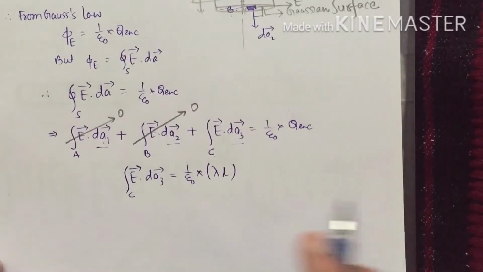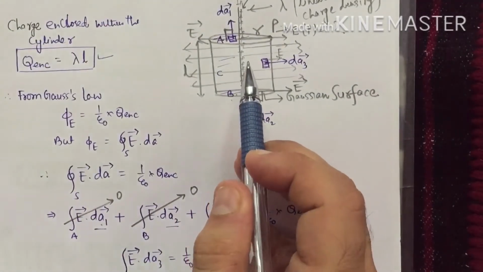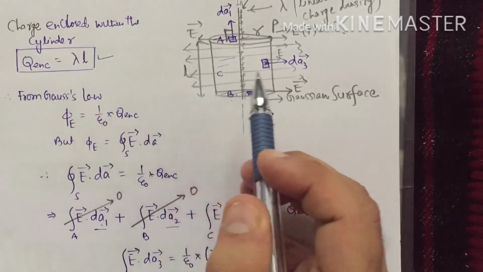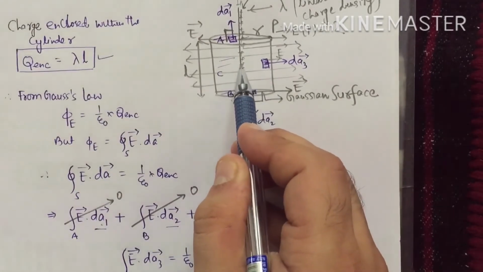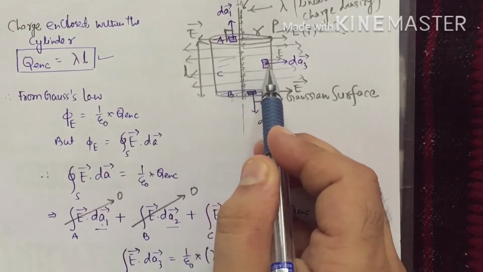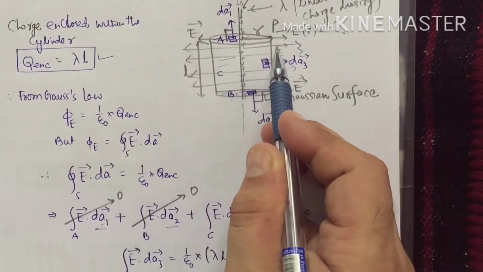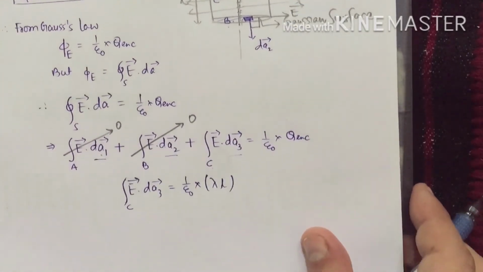Now when you move on this curved surface, every time you are at a constant distance from the wire. So the distance from the wire to the curved surface will always be constant, and therefore the electric field will be constant for the curved surface.